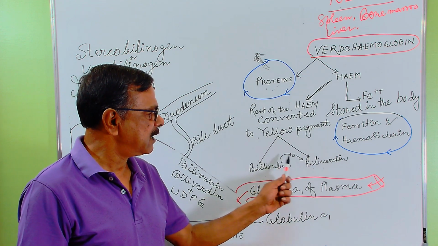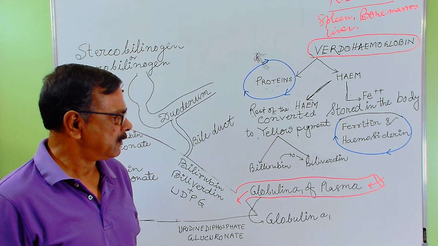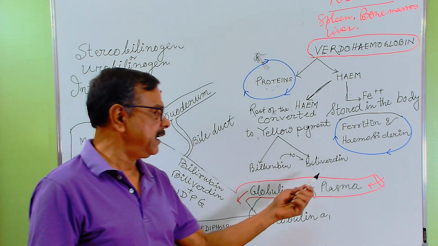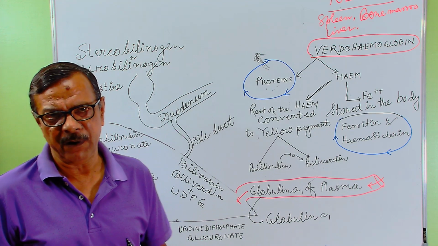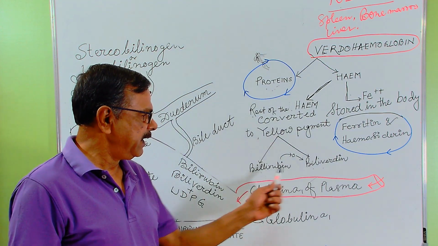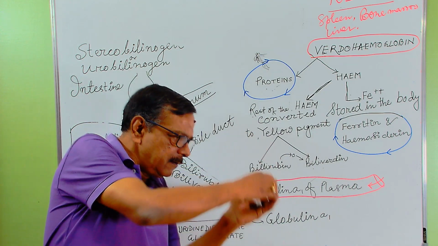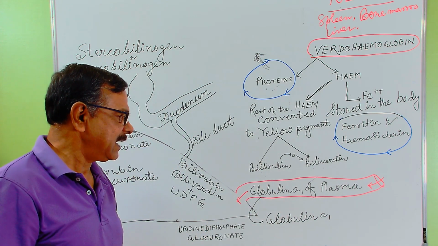Bilirubin on oxidation produces biliverdin. And some authors are of the view that biliverdin is first produced, which on reduction produces bilirubin. No matter which is produced first, this bilirubin and biliverdin go into the blood through the blood vessels.